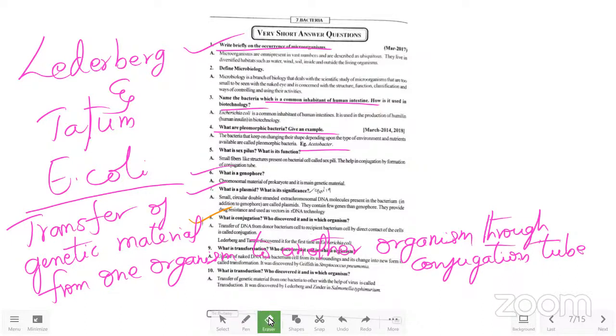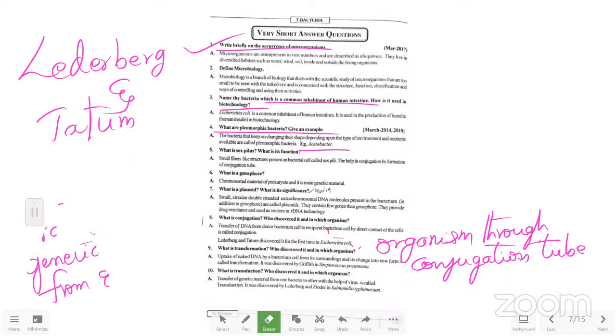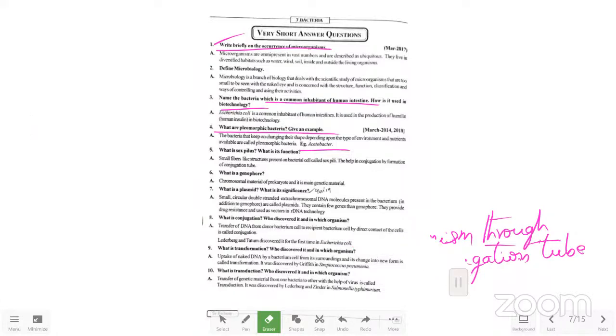Okay, next one, transformation. Who discovered this and in which organism? Transformation means the uptake of naked DNA from the outside environment, which changes the complete structure of the organism.